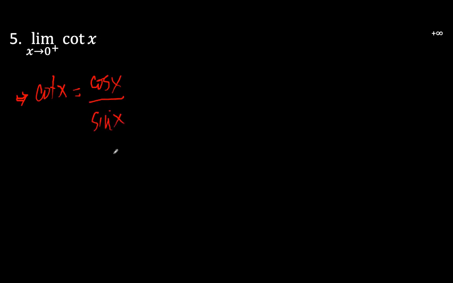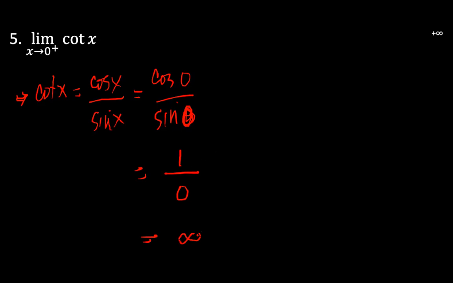In this case, we can substitute the value of x here, which is 0. We have cosine 0 is 1 and sine 0 is 0. And 0 is part of the domain of sine, and here this becomes infinity.